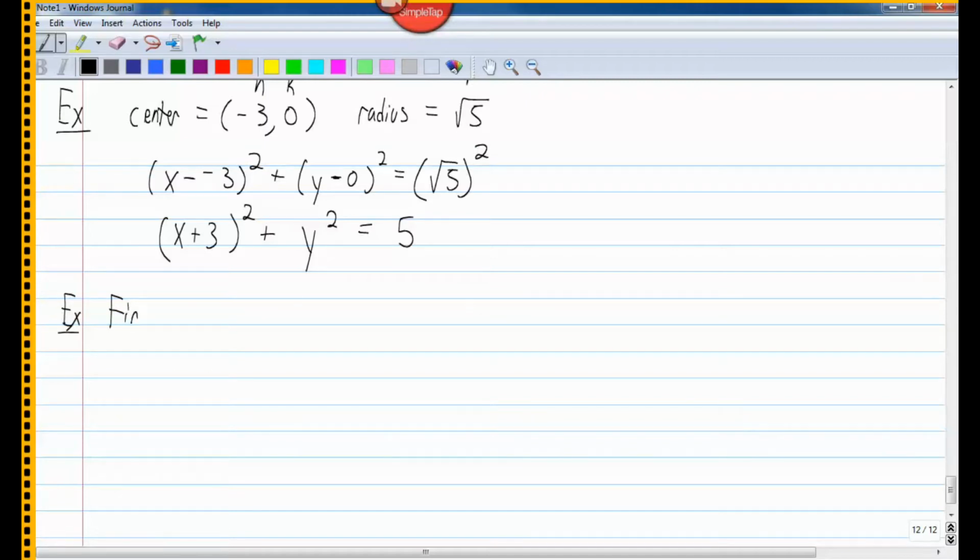Let's find the center and radius of the given circle.